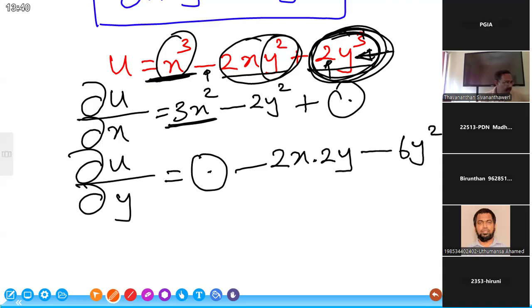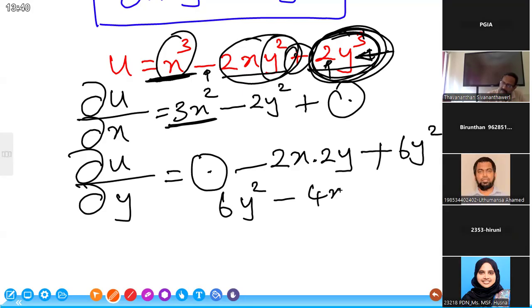Isn't it? Got it? Is it plus or minus here? Plus, isn't it? Right, 6y². So you can write it as 6y² - 4xy.